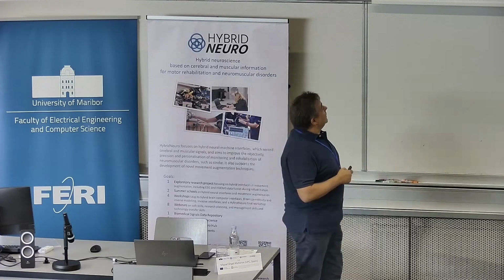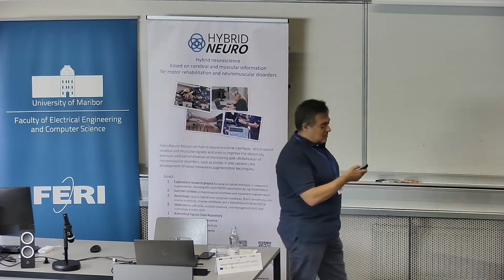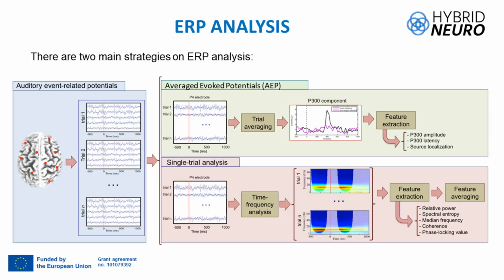So in this analysis we have two approaches. This is the different trials with the different EEG channels. The first approach is to average, as I mentioned before, average potentials, and the other approach is single-trial analysis without averaging. If we average, we have the potentials, then we have the feature extraction, which can be the peak or amplitude, the latency.